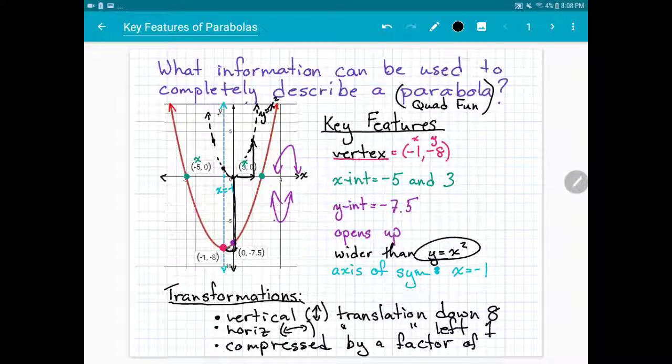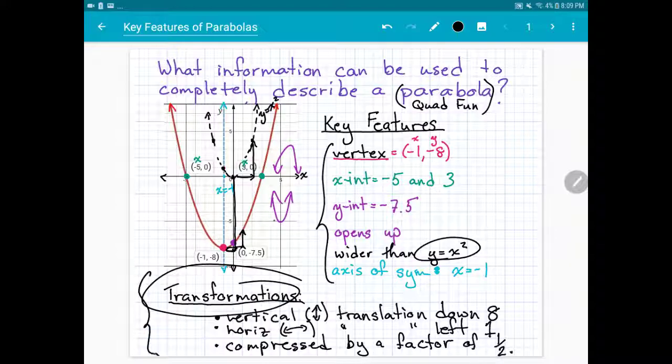Here, when we go right 2, we go up 2. So it was compressed in half. So compressed by a factor of 1/2. And that's what you call transformations. They talk about how to change y equals x squared into this new one. Okay, I know that looks like a bit of a mess, but the key here is to know what the features are, how to identify them from the graph, and this terminology for transformations.